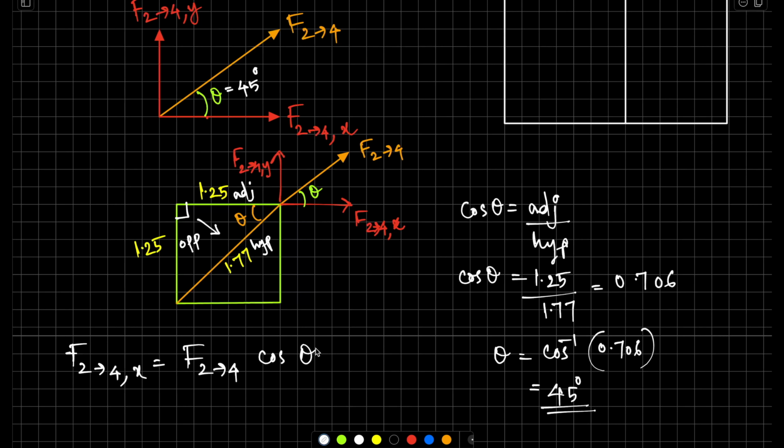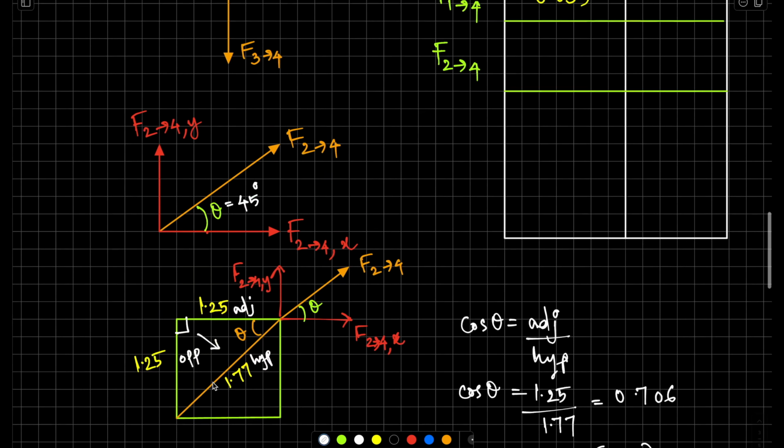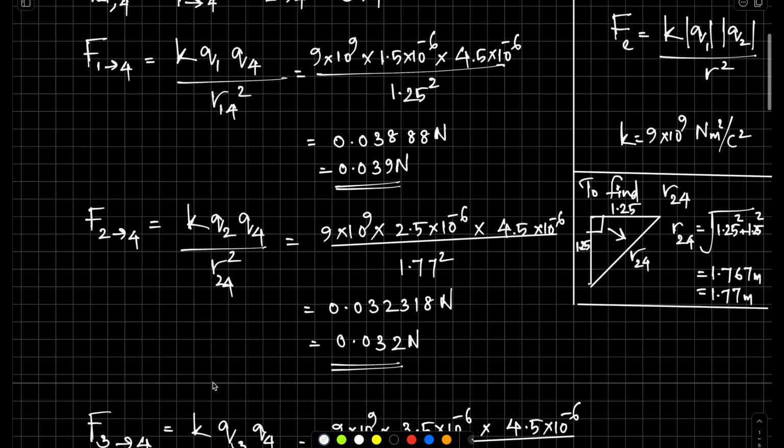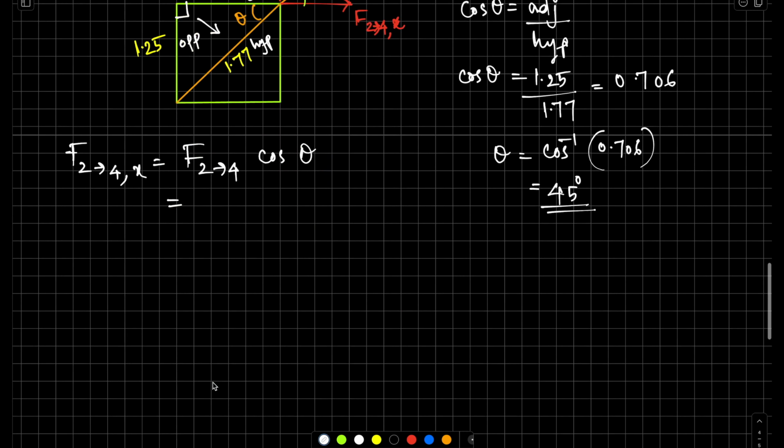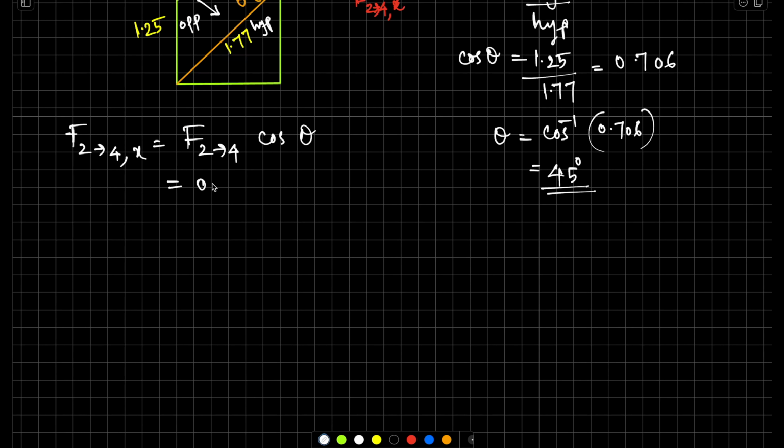So it's cosine. What is F2 on 4? F2 on 4 is 0.032. So 0.032 cos 45.